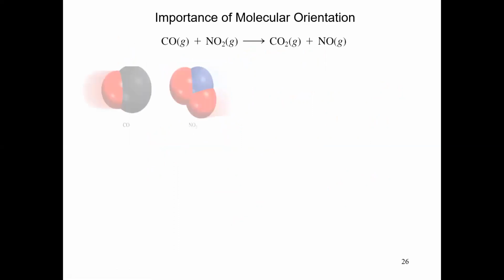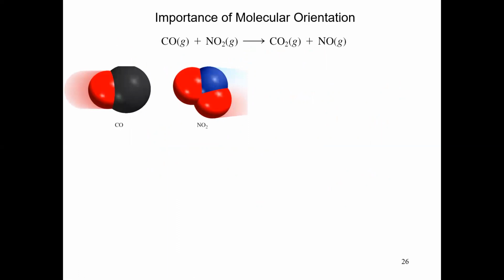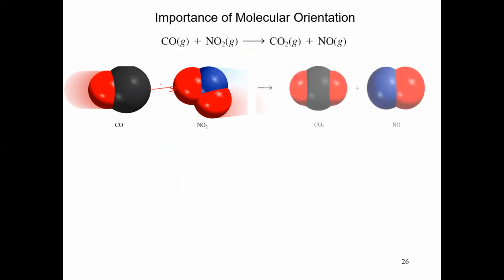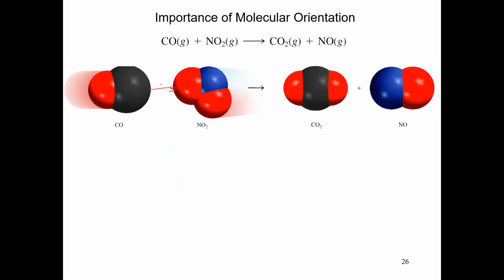Okay, so let's look at this example here. This carbon monoxide coming next to the nitrogen dioxide, and it has to hit right at this place to grab that oxygen off. And then now you have the product there. So essentially, this bond formed at the same time the other one breaks. So if we have this like this here with a plus, that one and minus over here, and this comes next to it. So this has NO2 like this.